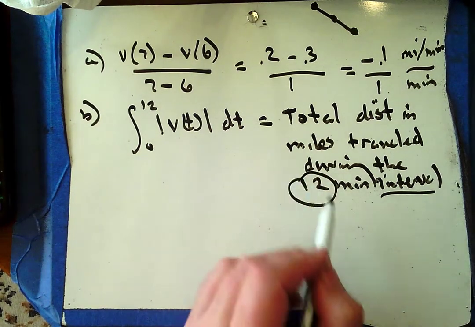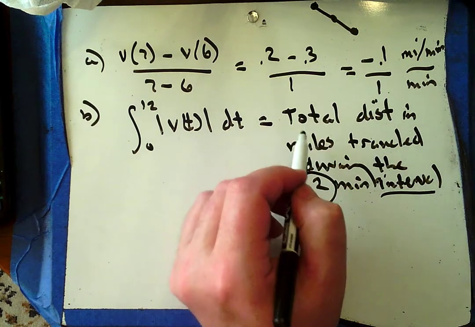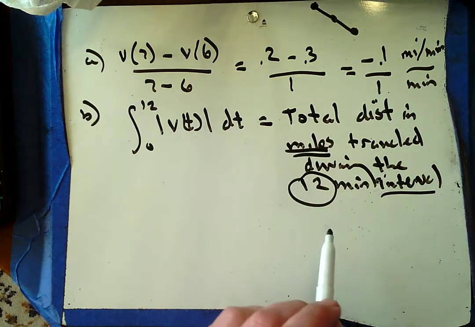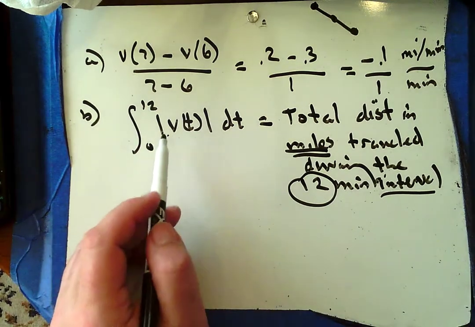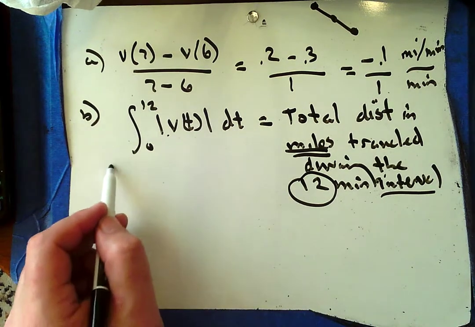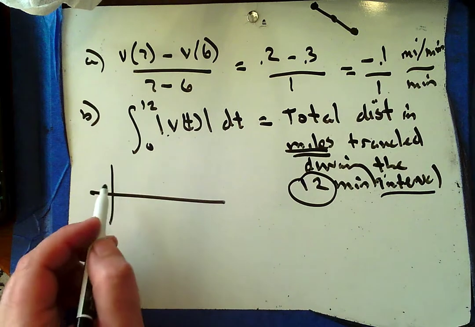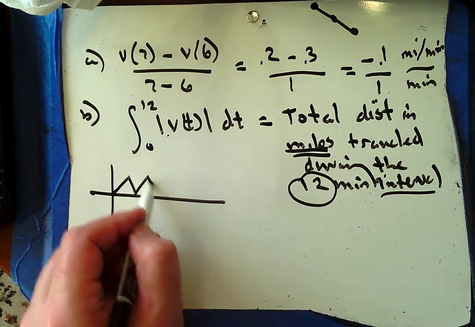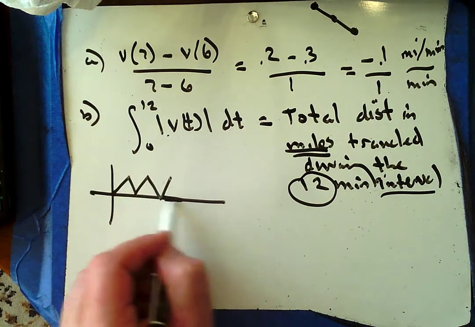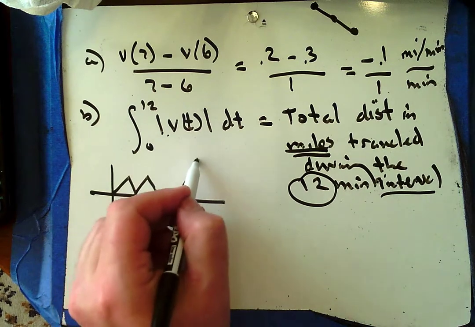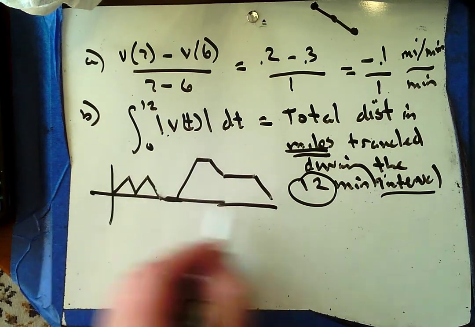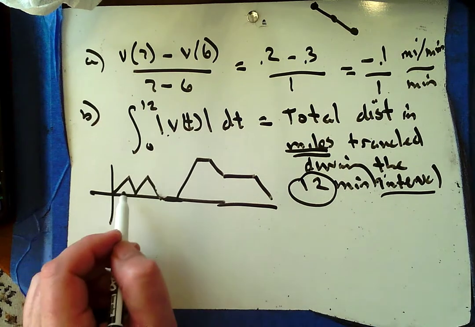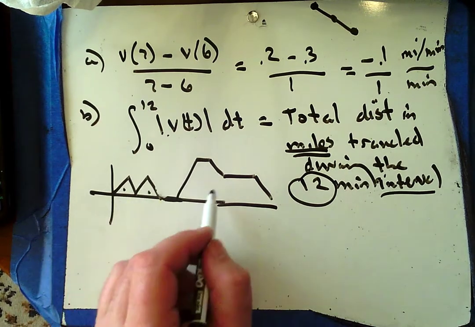I do want to talk about the 12 minutes, and I do want to talk about the miles. Please make sure you address that. How do I know that? Because if I integrate the absolute value of velocity, I'm integrating speed. And so this is going to give me, they travel this much and this much and this much.